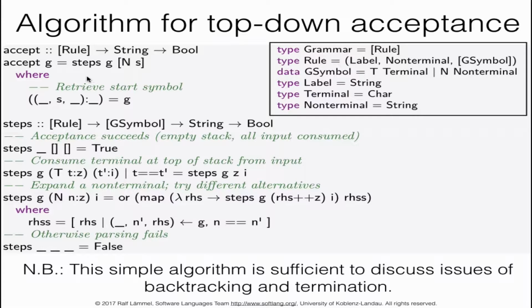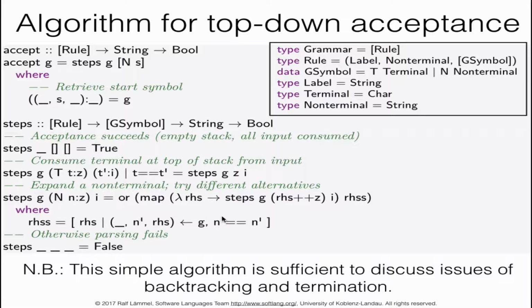So this is top-down acceptance, so it uses a kind of parser stack here, and we start by looking up the start symbol, which we assume is the left-hand side non-terminal of the first rule. And then here's the consumption step of top-down acceptance, that the terminal is also found in the input. And here's the expansion step, that the non-terminal is replaced by some right-hand side.